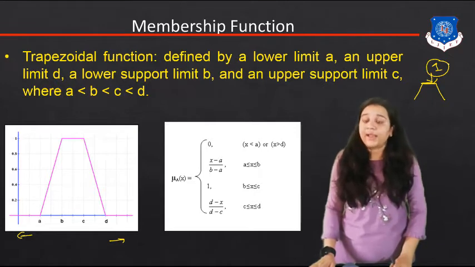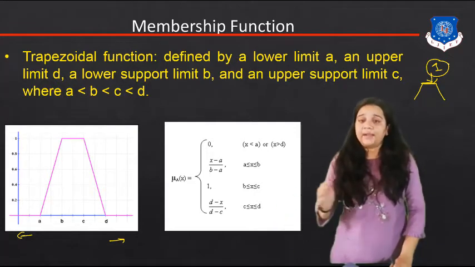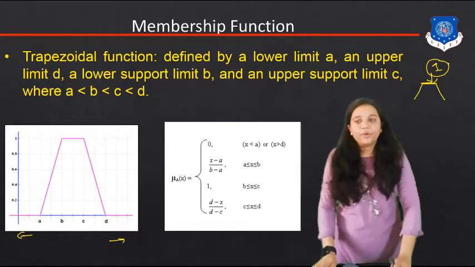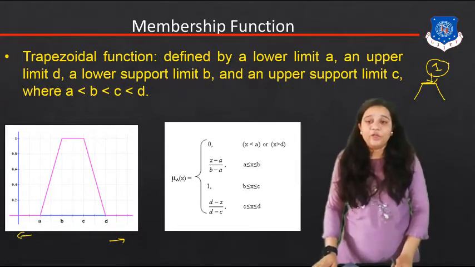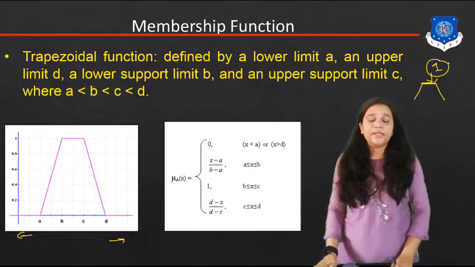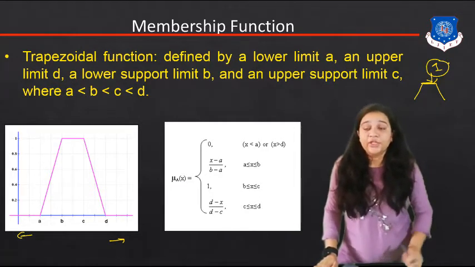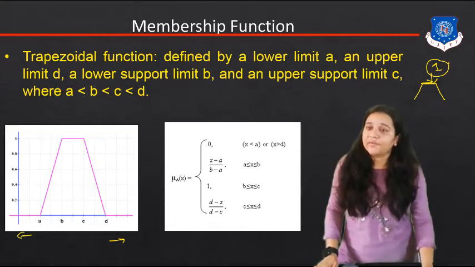And if my value is between c and d, that means c less than or equal to x less than or equal to d, we get the value using this equation, d minus x upon d minus c. Okay, so depending upon the system equation, we have to define the membership function.